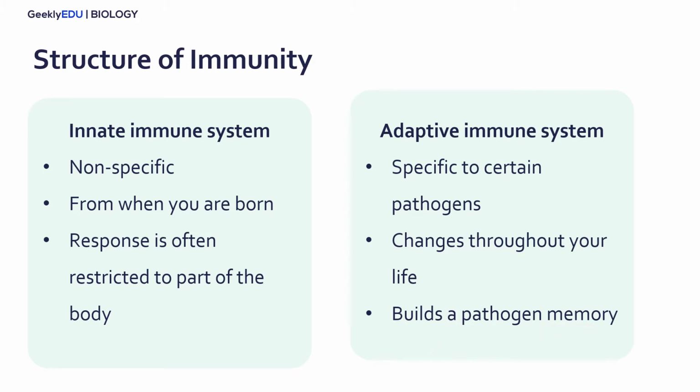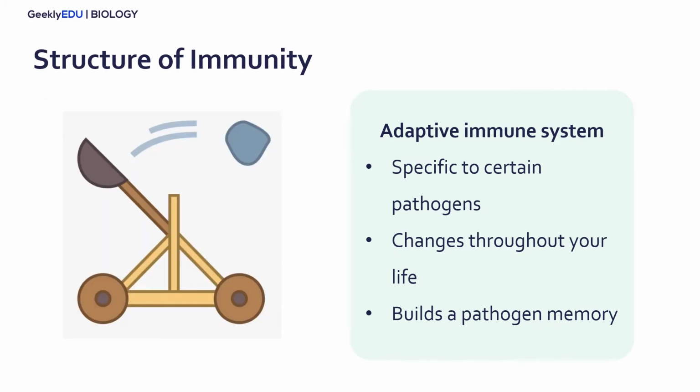So when we see a virus, say for the first time, we will fight that virus, and then our adaptive immune system will remember that virus so that if we see it a second time around, we will be able to fight it more effectively. And we can think of the adaptive immune system in our analogy with the castle as a more specific line of defense. For example, a catapult shown here is aimed to attack a certain group of people on the other side.